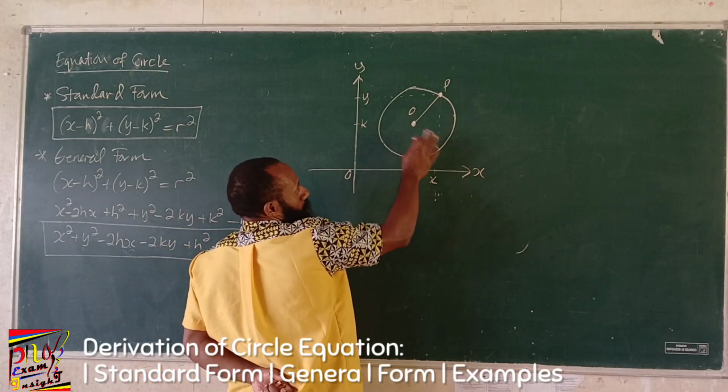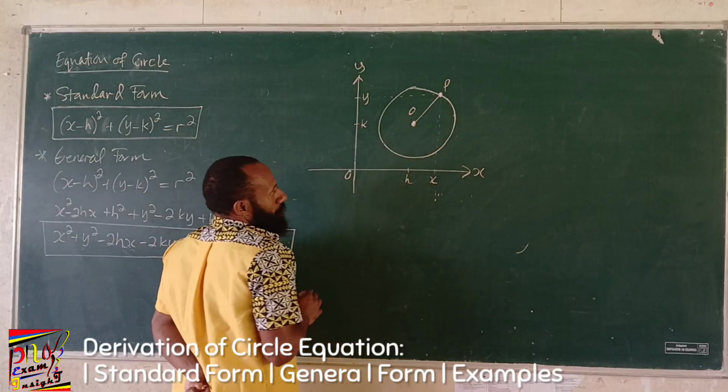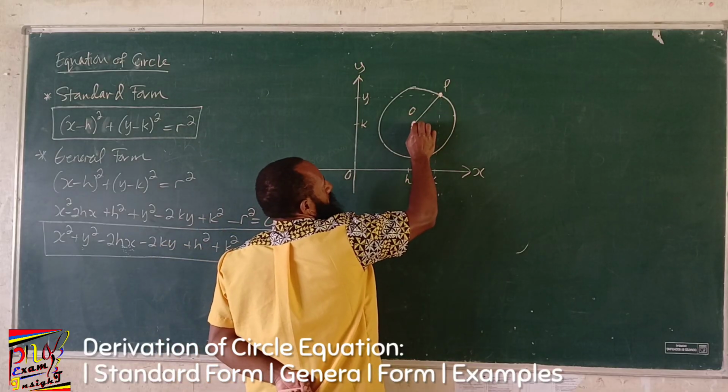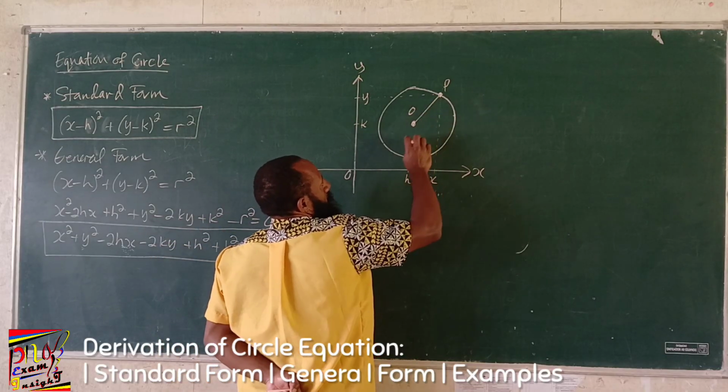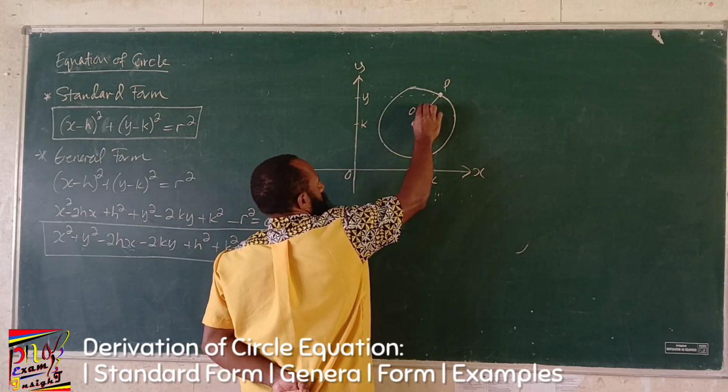Given that diagram and the coordinates, we know the distance from the center to the circumference is the radius r.